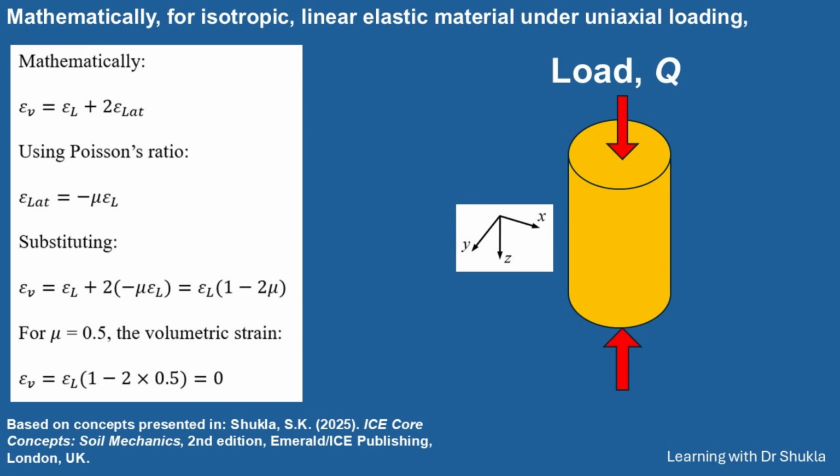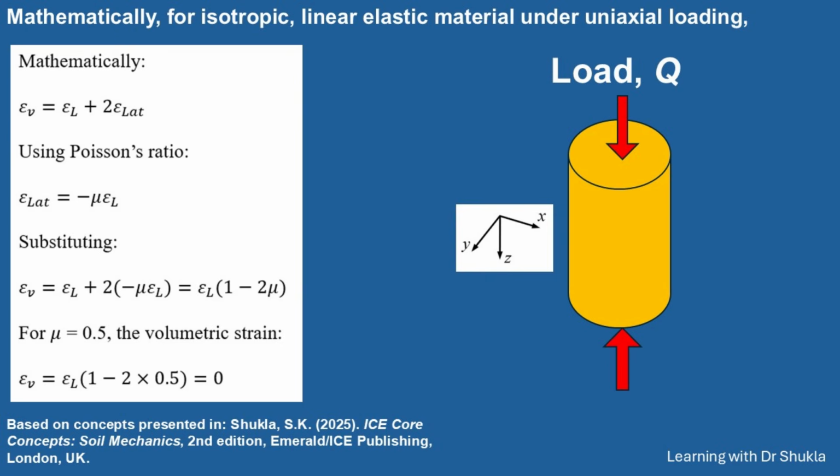Volumetric strain epsilon V is defined as the ratio of change in volume to the initial volume of a material. It is equal to the sum of linear strains in three mutually perpendicular directions x, y, and z. For the case shown under a uniaxial load Q, the z direction represents the longitudinal axis, while the x and y directions represent the lateral axis.